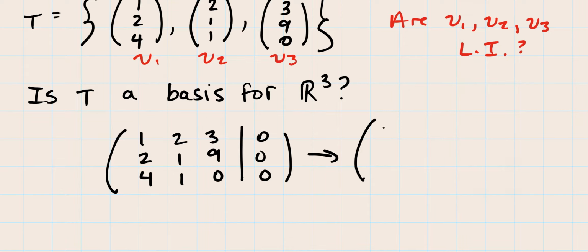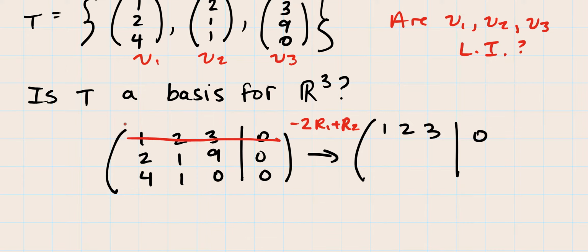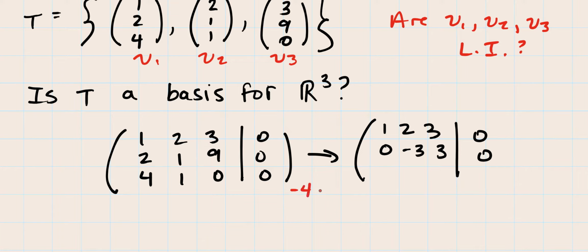So to do that, 1, 2, 3, 0, let's multiply row 1 by -2 and add it to row 2. And we get 0, -3, 3, 0. And then we're also going to multiply row 1 by -4 and add it to row 3.